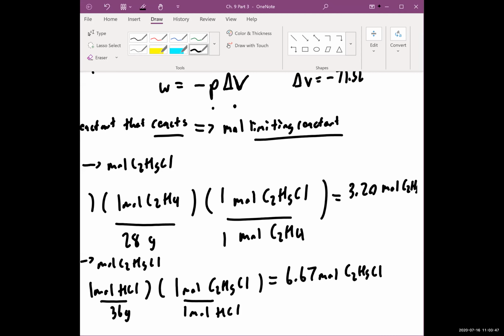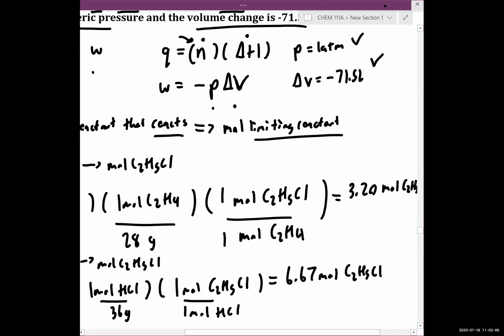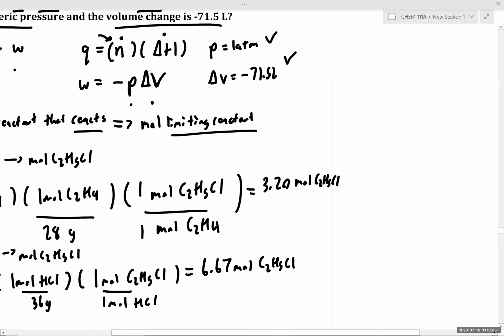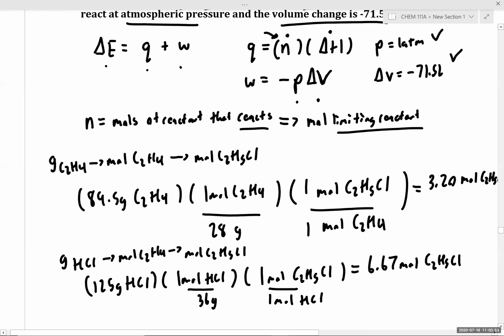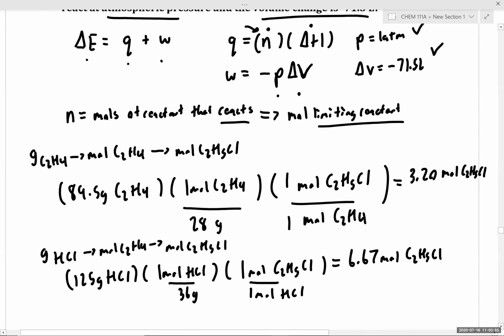Based on this information, which reactant is limiting? Which reactant produces the least amount of product? Oh, let me try punching this into the calculator one more time.